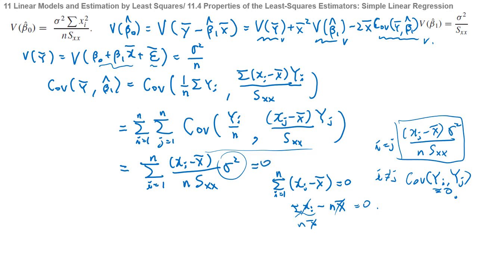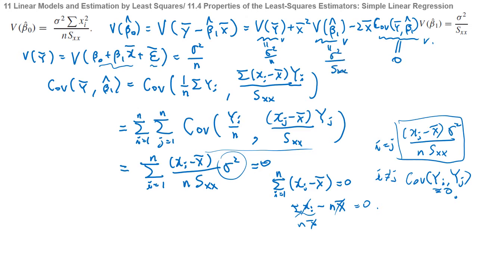So this part is 0, and the remaining terms are sigma square over n and sigma square over Sxx.